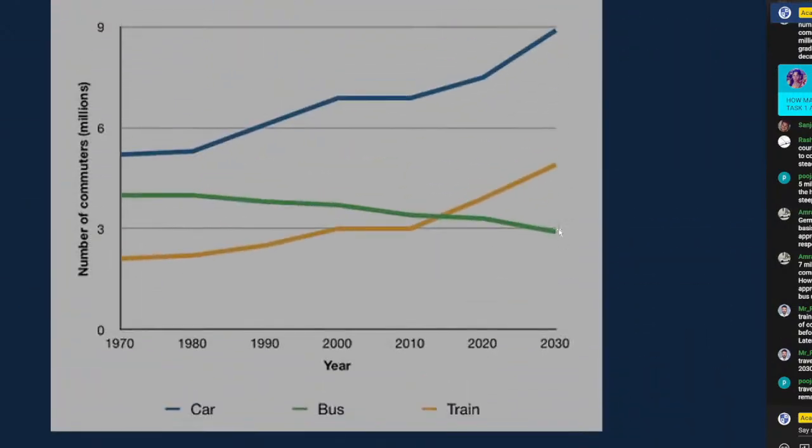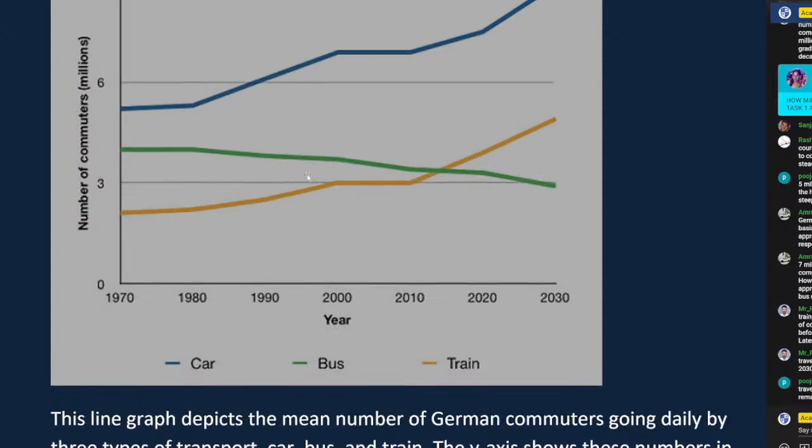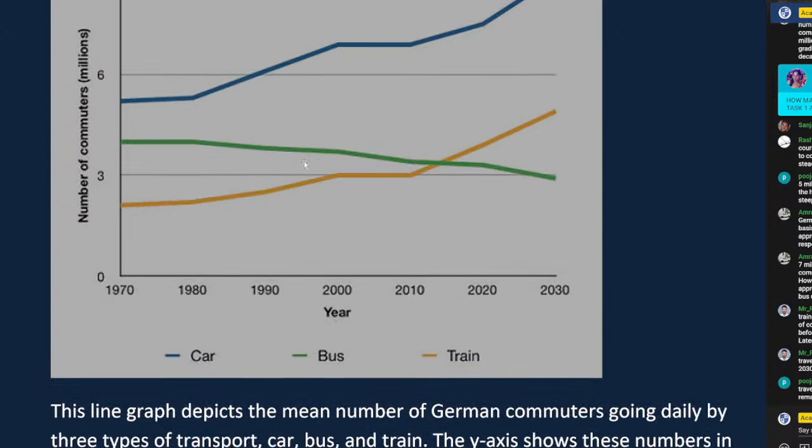So simply this endpoint here of where buses end up. And now I have a good analysis of this line graph.